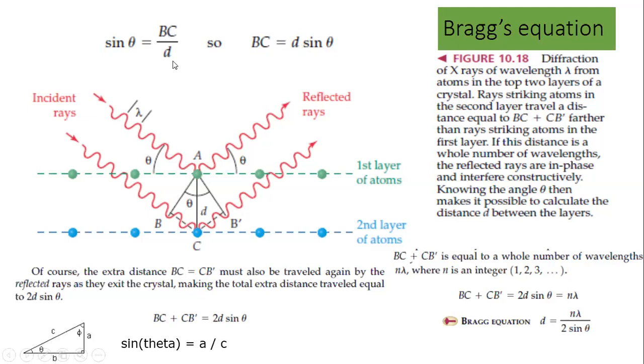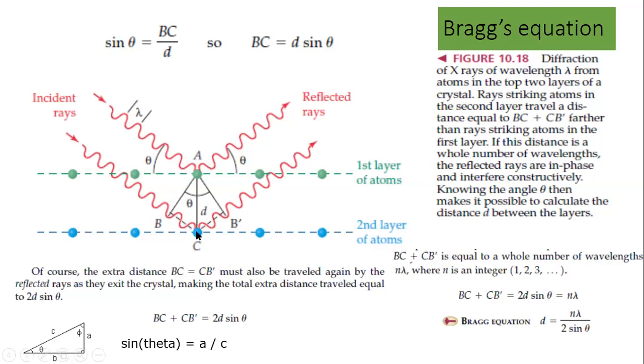BC is actually the extra distance traveled by the second rays, the incident rays, and this is the extra distance traveled by the diffracted or reflected rays after colliding with atoms present in the second layers.